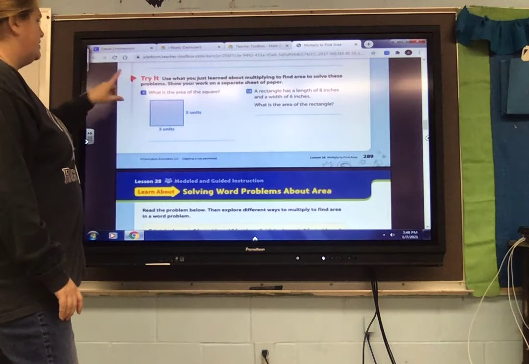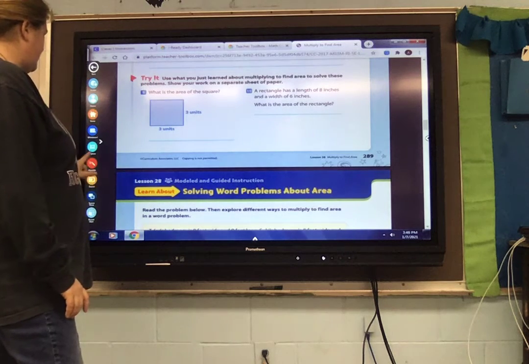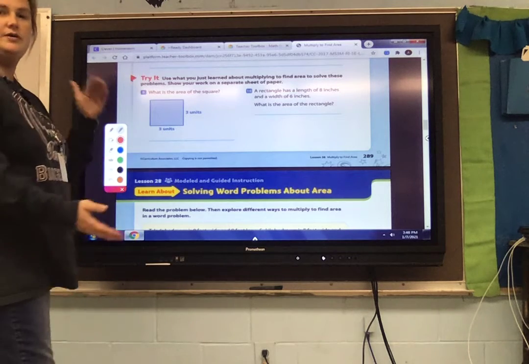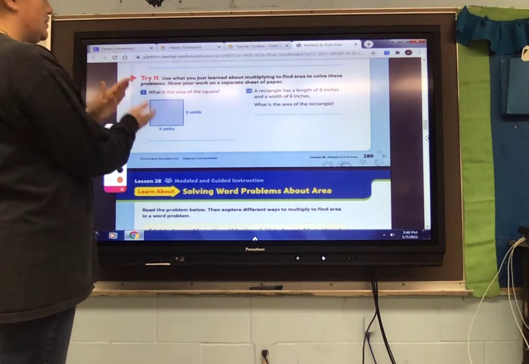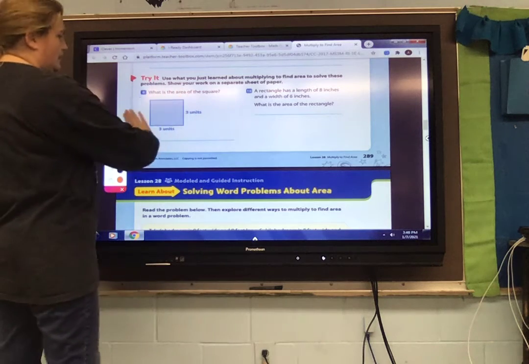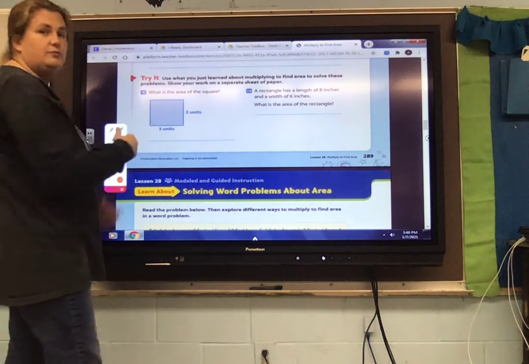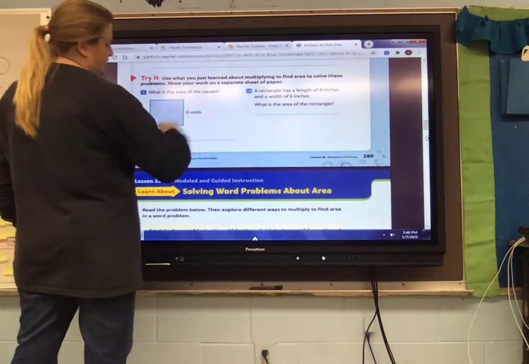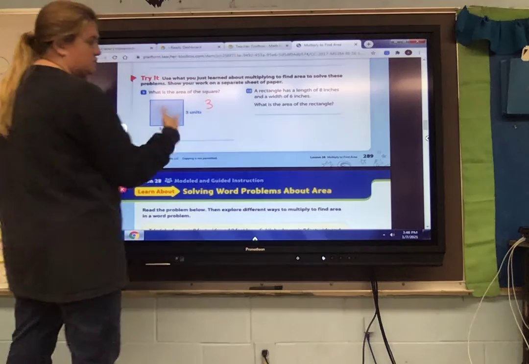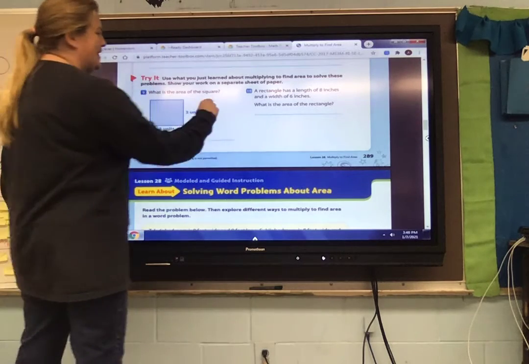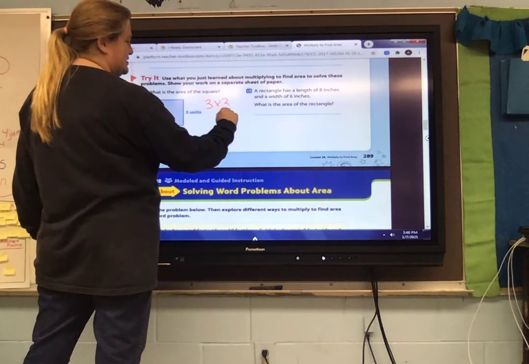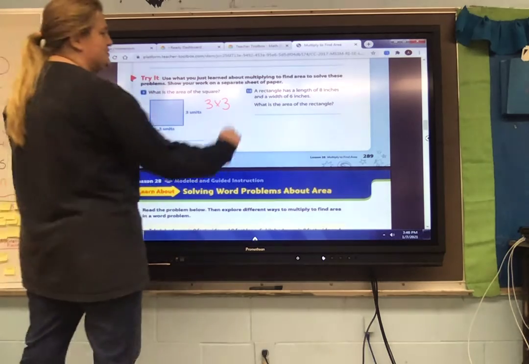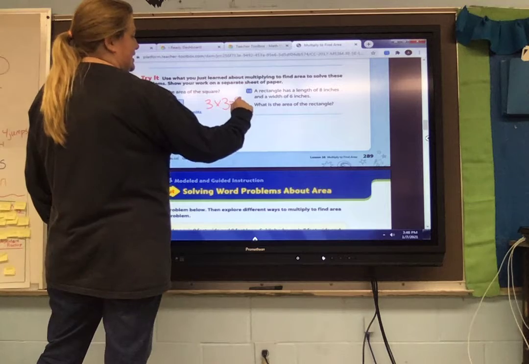Number 9, at the bottom, what is the area of the square? So remember, we're going to do length times width. So this is a square, so we don't really have a longest side, but we just need one of those. So I'm just gonna pick one of the threes. You don't know which one because they're both 3, times the width, which is 3 also, because it's a square, and 3 times 3 equals 9.